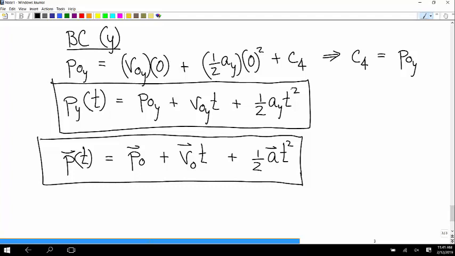So all of these formulas that we were working with in 1D, we're working with again in 2D. It's just that everything that's a vector quantity, position, velocity, and acceleration, that appears in these equations, you have to treat as two separate components for each one.